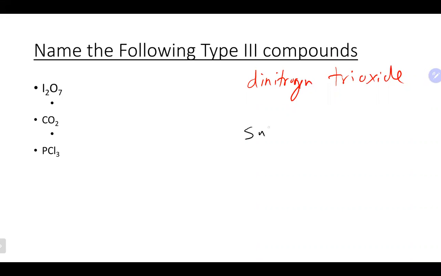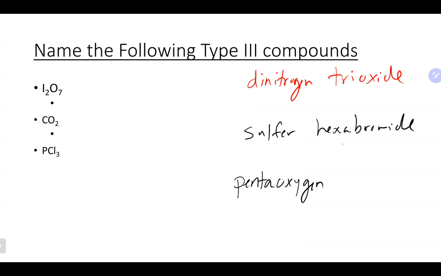Let's do sulfur hexabromide. All right, so try names on the left there and formulas on the right.